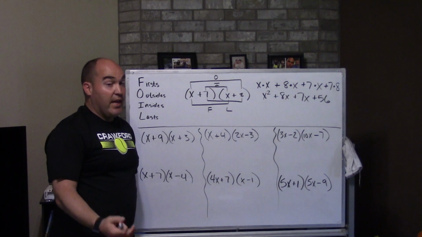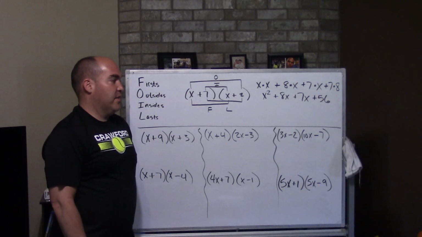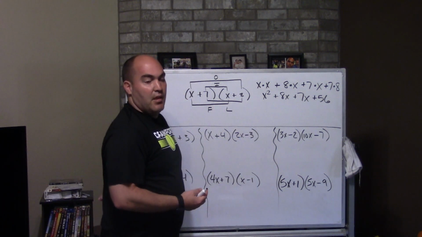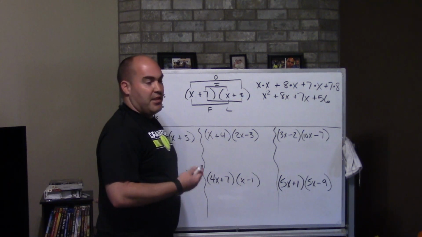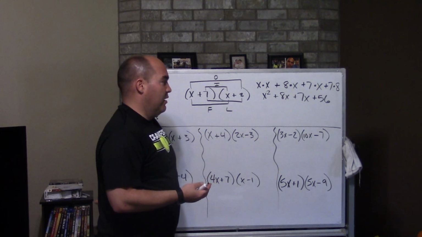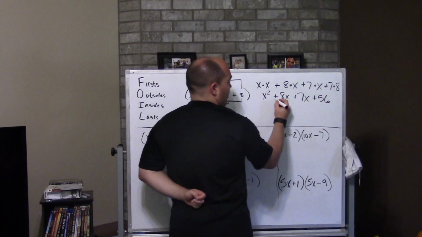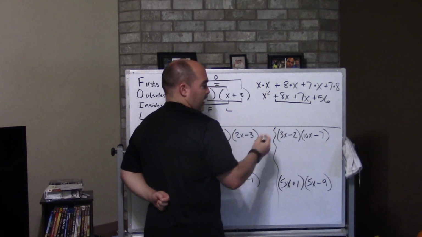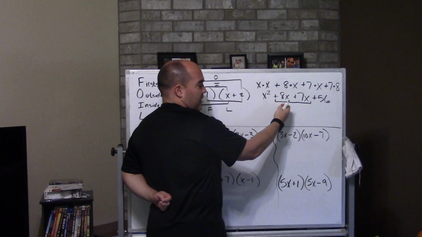So you're really going to need to know your times tables. You may not always have a calculator with you, so the better you know your times tables, the easier this is going to be. Alright, so now we have to combine the like terms. Okay, about 98% of the time, your like terms are going to be right in the middle. It's going to be the outside and inside part, which is what happens here. So I have a positive 8x and a positive 7x. Those are my like terms. And x squared is not a like term with just an x.